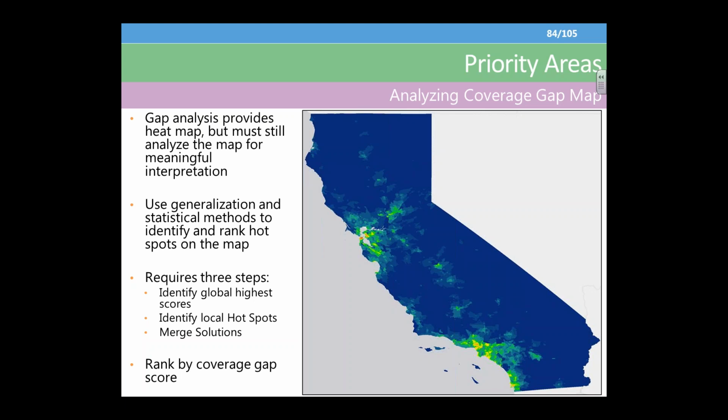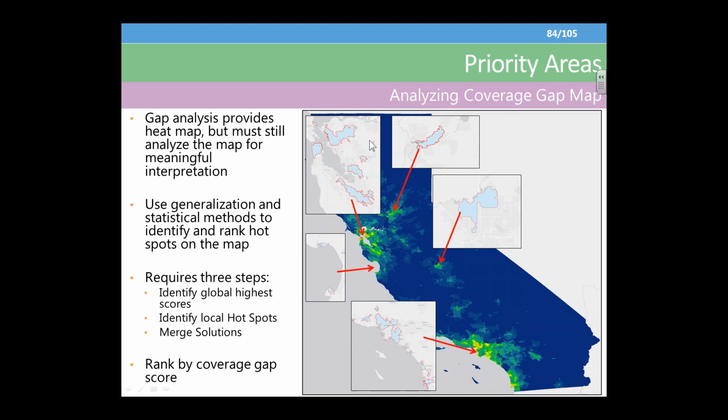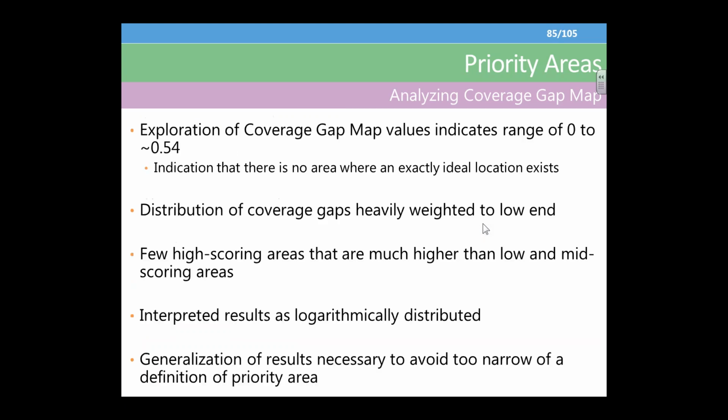And then you merge those solutions. And then you come up with the priority areas that, if you read the AB8 report or went to the webinar or workshop with the CEC, we discussed, and this is the process to identify them.